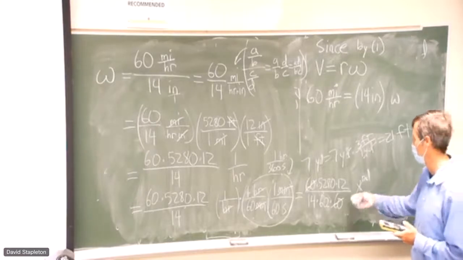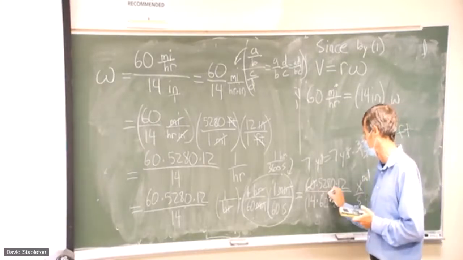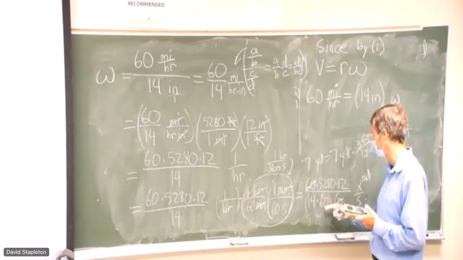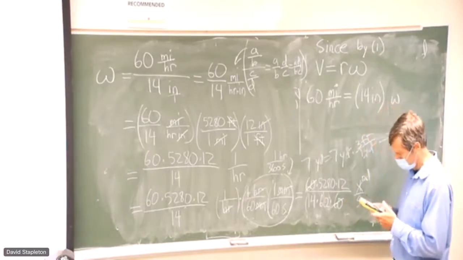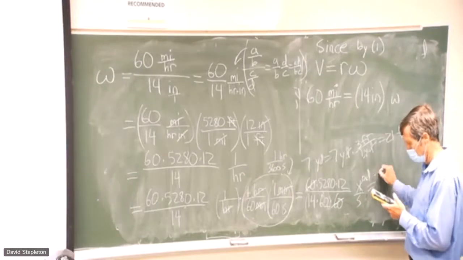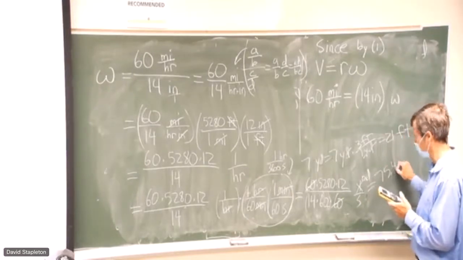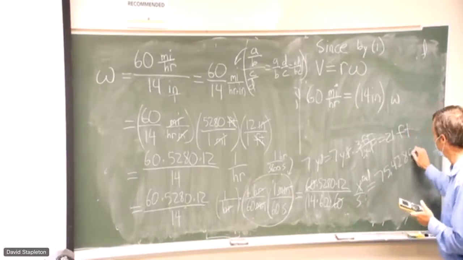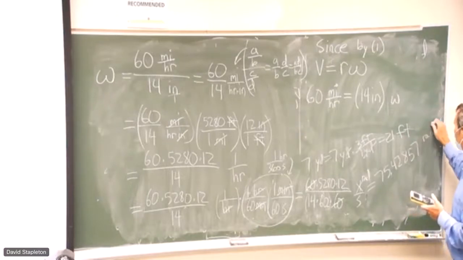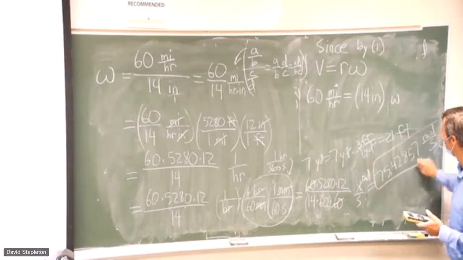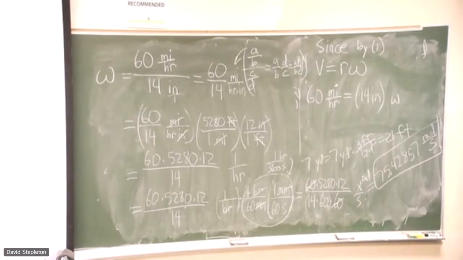Make sure when you divide here, you either put the parentheses in on your calculator or divide by 14 and then divide by 60, either way. What I get is 75.42857 radians per second. So about 75 radians per second if you round it to the nearest radian.